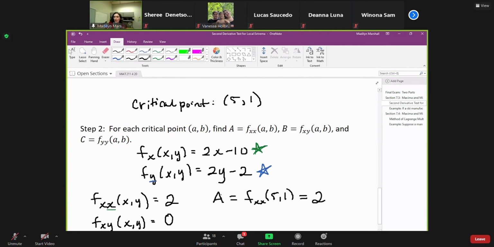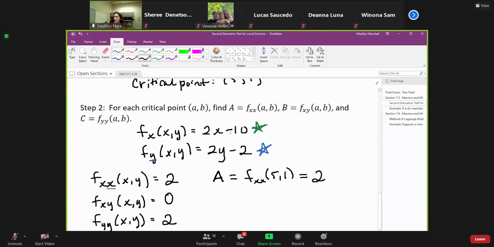But I still should remember that this A, B, and C come from plugging in our critical point to those functions. So our A is that first one with (a, b) plugged in. B is the XY one, which is always 0 no matter what point we're plugging in.